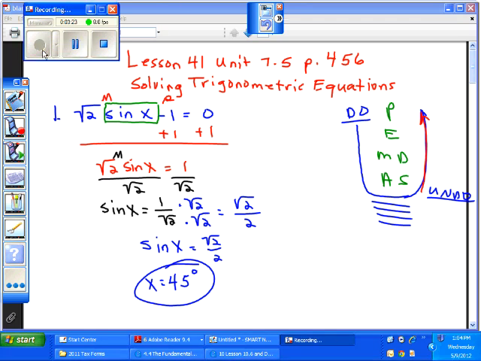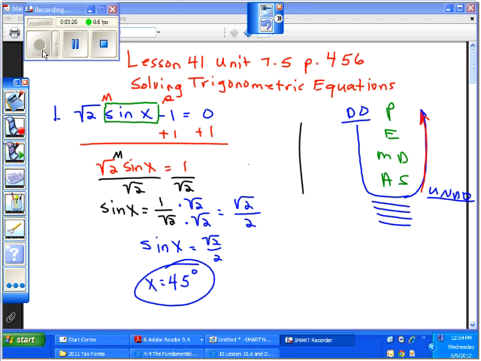Now, we would also know that if sine is positive in quadrant 1, it's also positive in quadrant 2, and 135 degrees in quadrant 2 has a reference angle of 45. So x would be 135 also is another option.